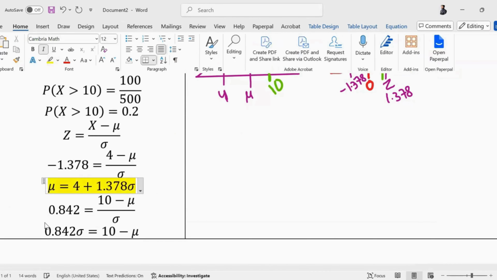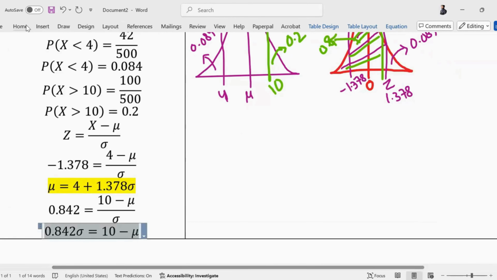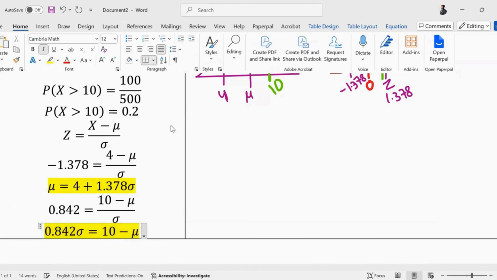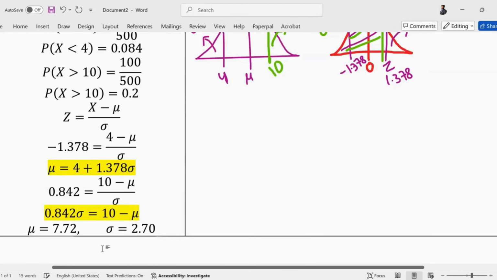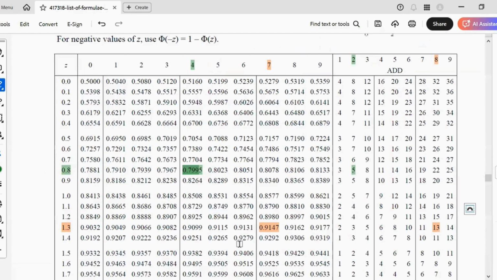I'll trust your values. बहुत easy simultaneous solutions हैं. I'm waiting for your answers. Mu is 7 point and sigma is 2.70. Again, trusting your values, and you solve these two equations simultaneously. This is what you should have ended up on. Is this clear?